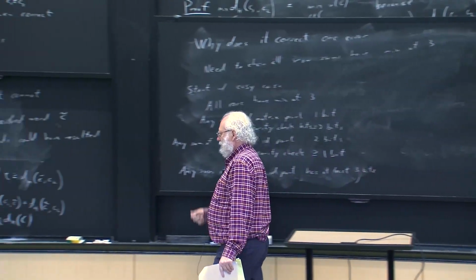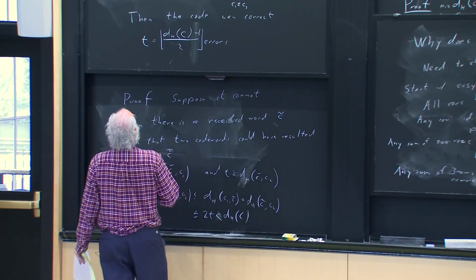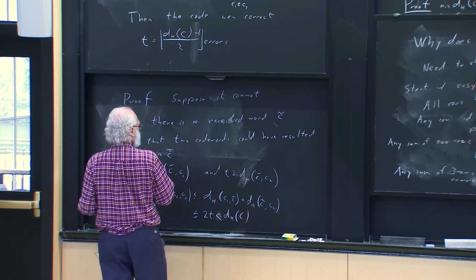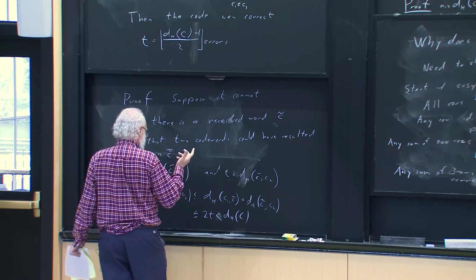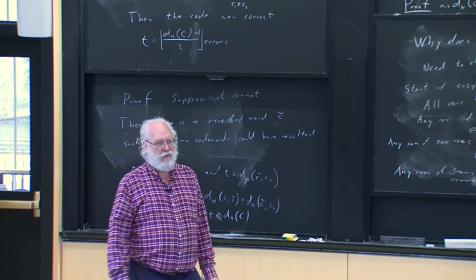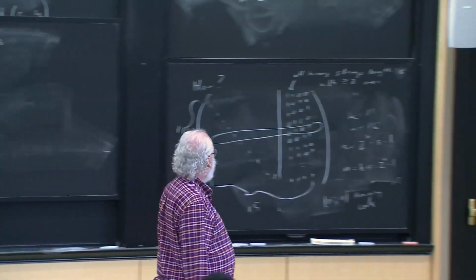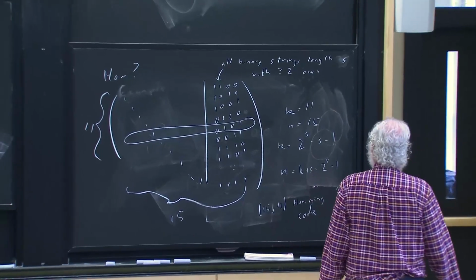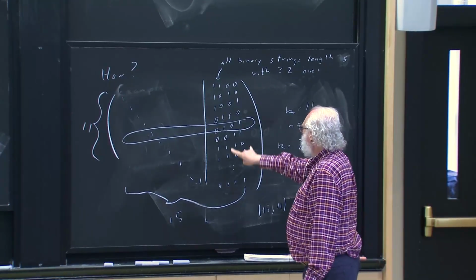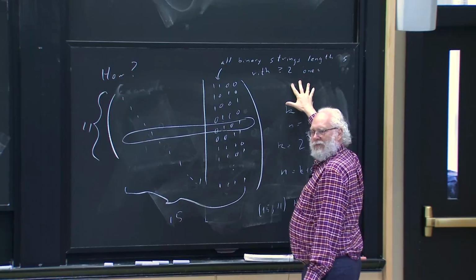I have a question. Yeah. Why is that k 2 to the s minus s minus 1? Okay, so we're looking at all binary strings of length s with at least 2 1s.